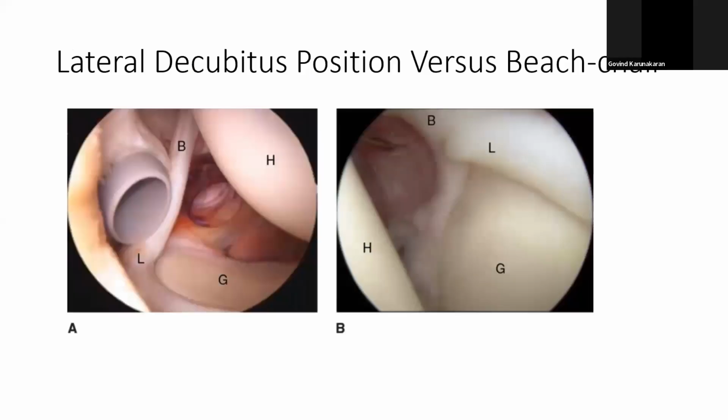And this shows the orientation that we see intraoperatively, comparing the lateral decubitus position versus the Beecher position.